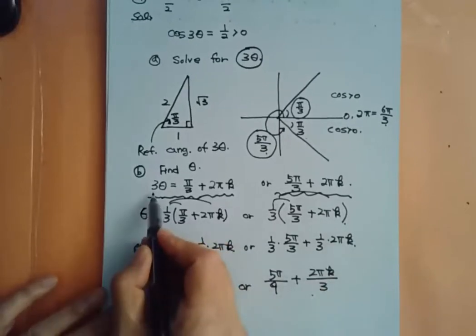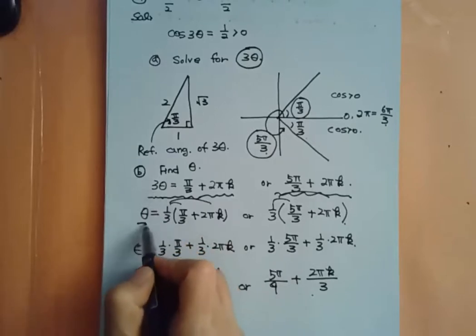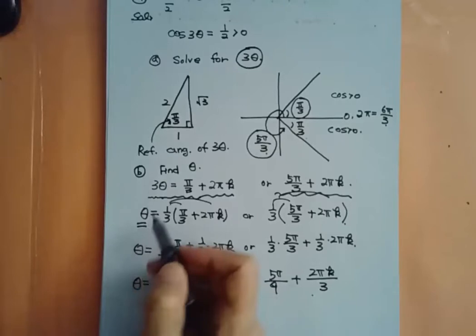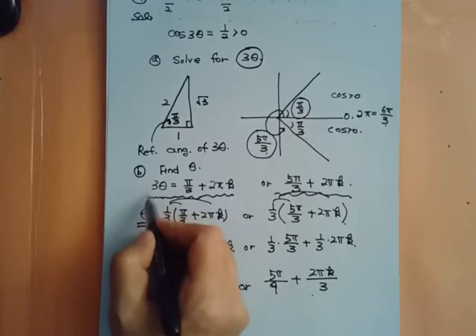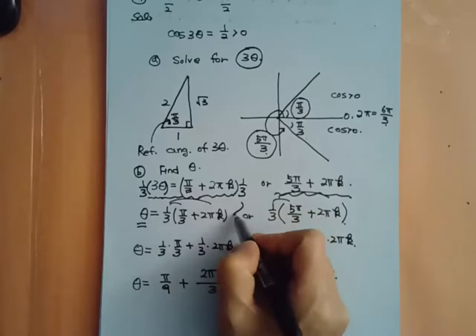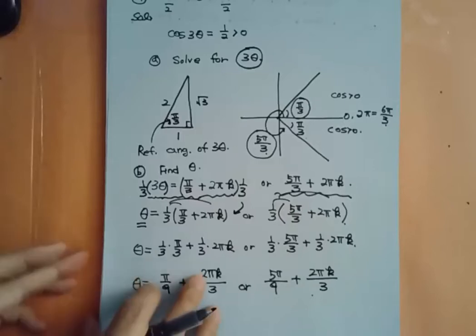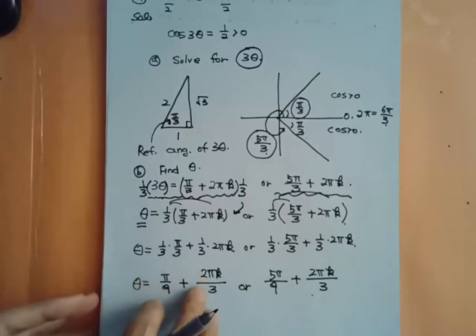So instead of 3 theta, we have to figure out theta. So to remove this 3 in front of theta, I had to multiply by 1/3 on both sides. And that's the reason we got this. Any other question?